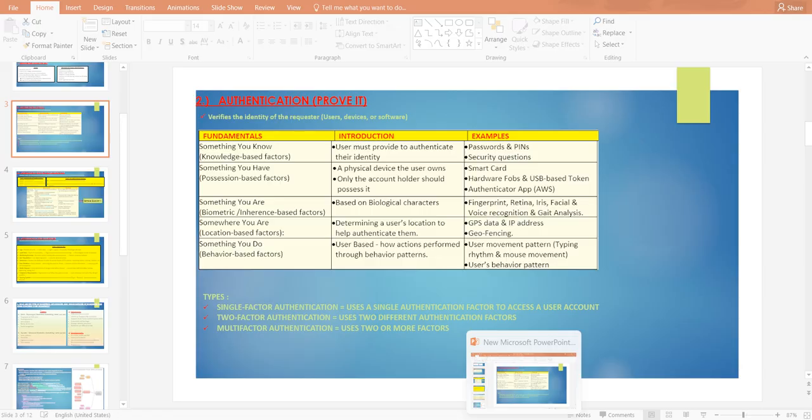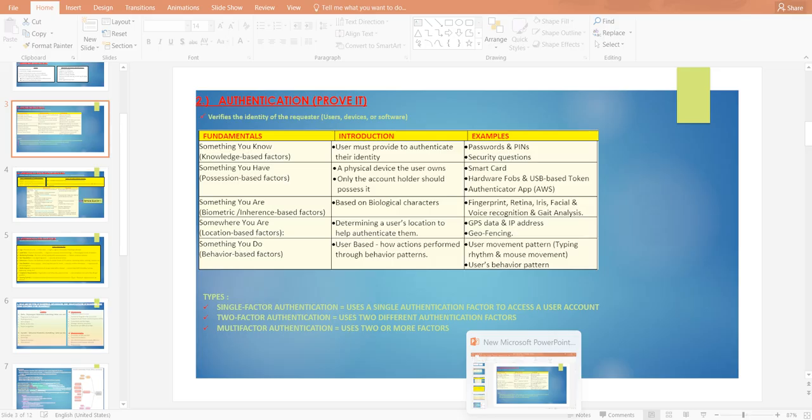So there are three categories, right? Something you know, that is knowledge, and something you are. Something you have is what? Smart card you can have, correct? These are the things you all need to understand. Something you have is something like a smart card, keys. Something you know is what? Can somebody give me an example?